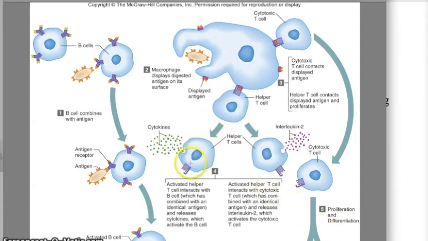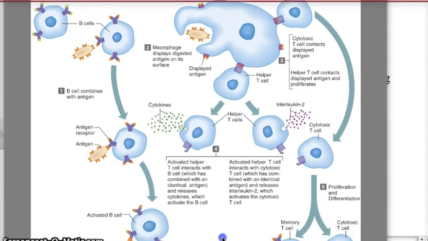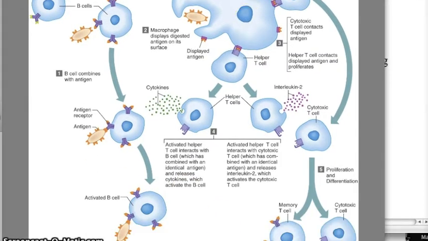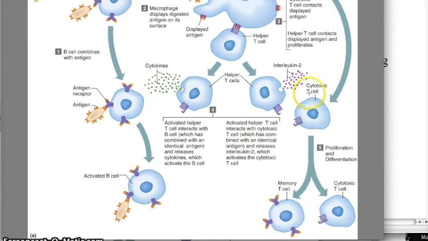The helper T cells are going to release the cytokines, and we're going to help to activate that B cell. And so it's all just working together, proliferating, so we get lots and lots of these immune cells that occur because they've all recognized this pathogen. They see it as a foreign particle or foreign body, and an immune response is triggered.